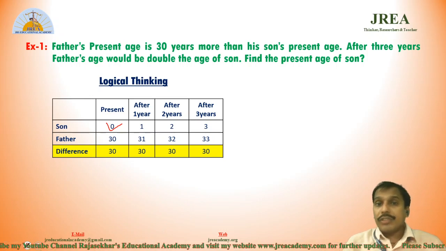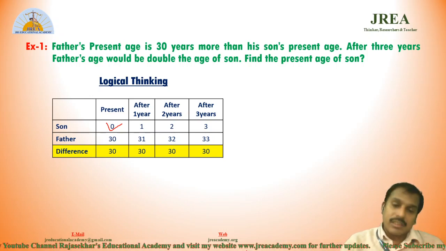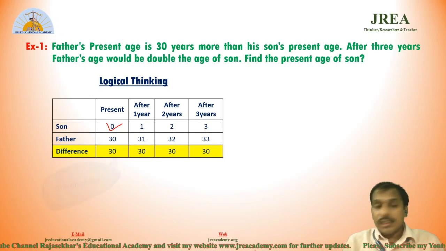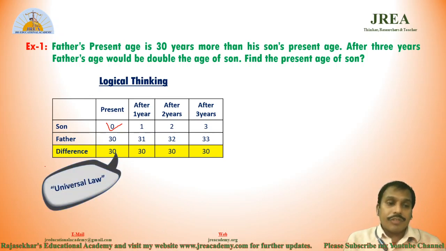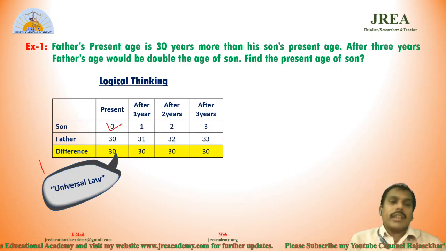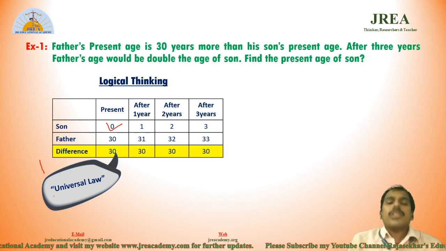The difference between any two persons' ages is always constant. This is the universal law. So based on the first statement, you have one law: the difference between the father's and the son's age is always constant.